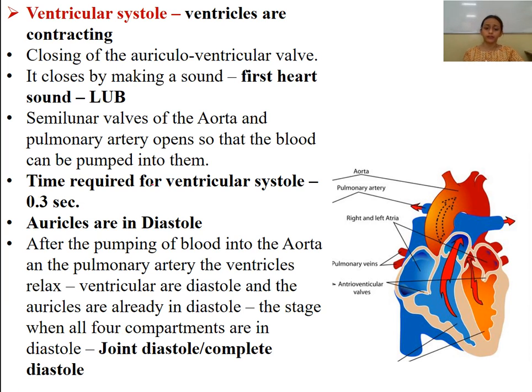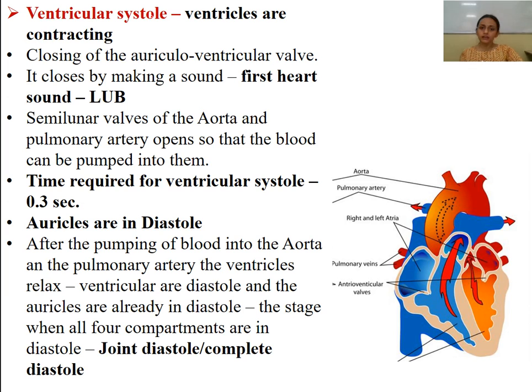And the time required for this ventricular systole is only 0.3 seconds. Now when the ventricles are in systole, the auricles are of course in diastole. Now after the blood is pumped into the aorta and the pulmonary artery, the ventricles relax. That means the ventricles go into a diastole.